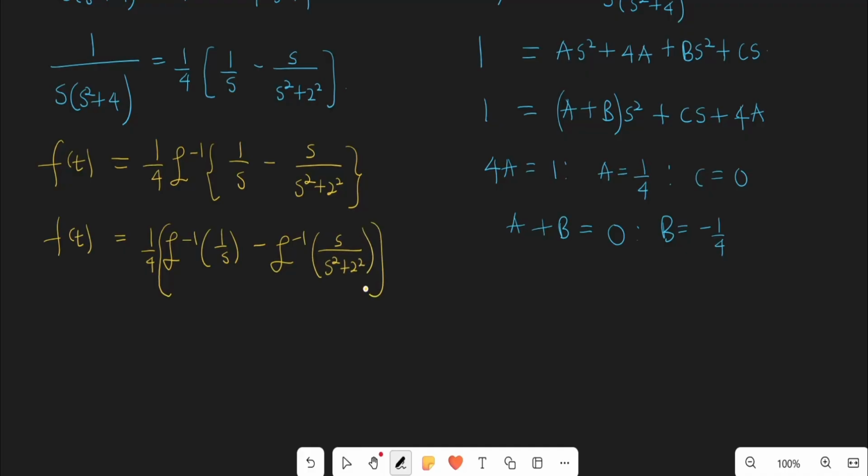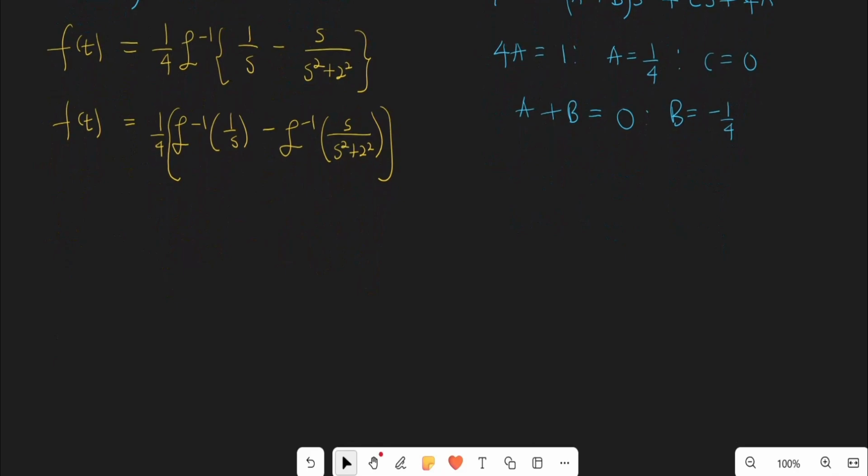Now the Laplace inverse of 1 over s is what? 1. Because the Laplace transform of 1 is 1 over s.